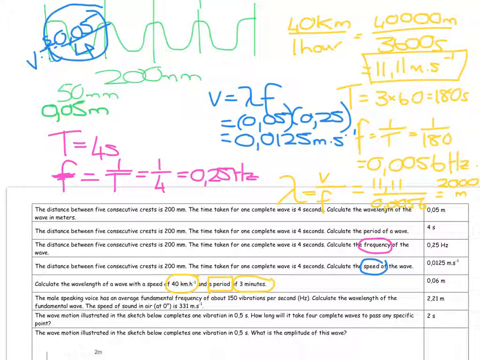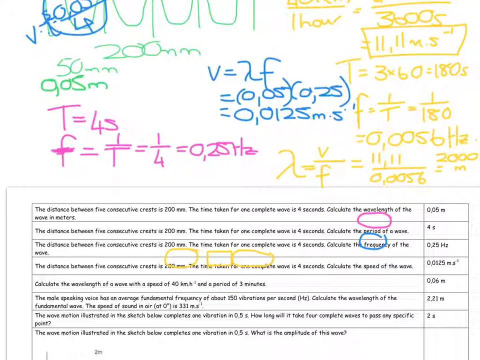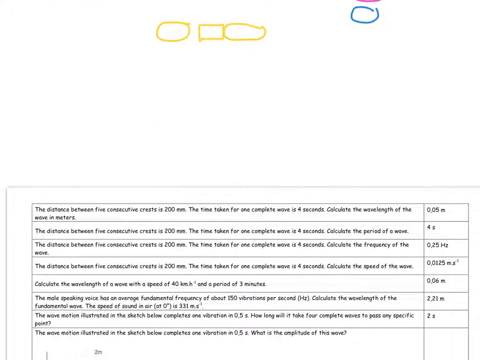The male speaking voice has an average fundamental frequency of about 150 vibrations per second. Calculate the wavelength of the male speaking voice. The speed of air is given at 331 meters per second. So I've got a frequency and I have got a speed.